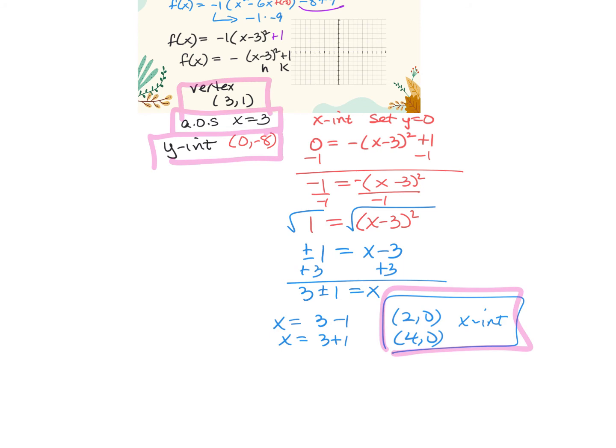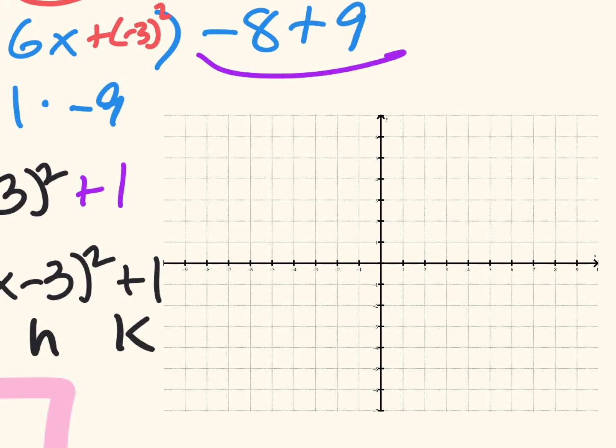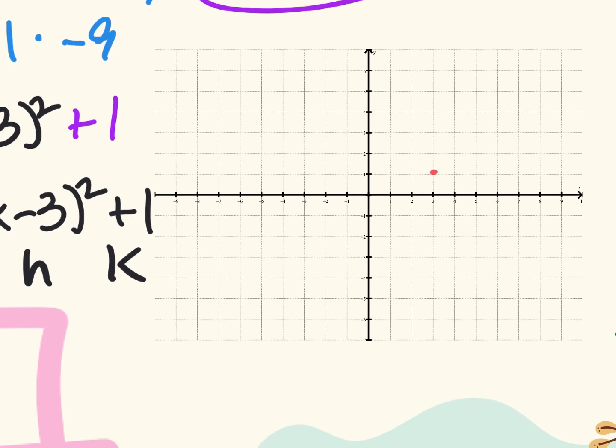So now I can come and put all of these pieces on my graph. Again, I can graph the vertex first. My vertex was (3, 1). My y-intercept is -8, so it goes off the graph, it's way down here.